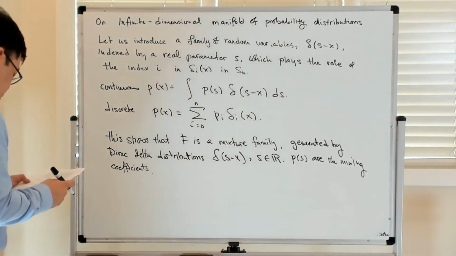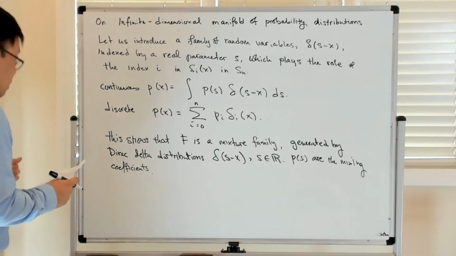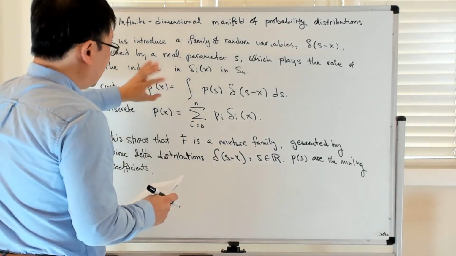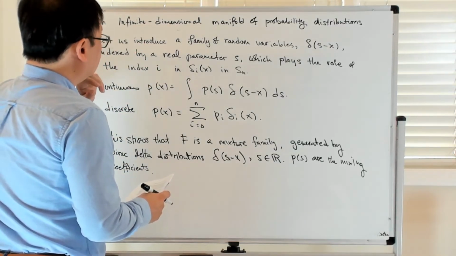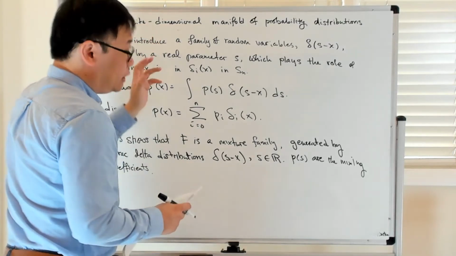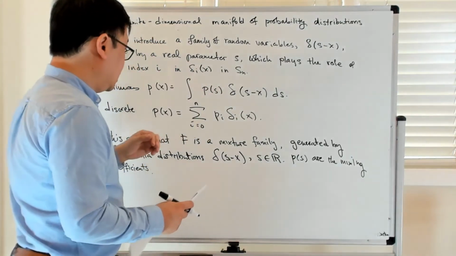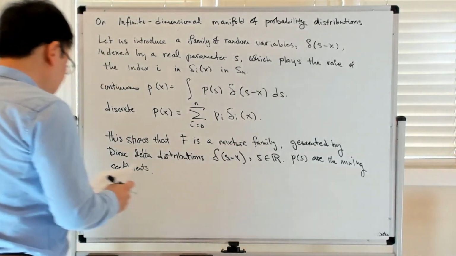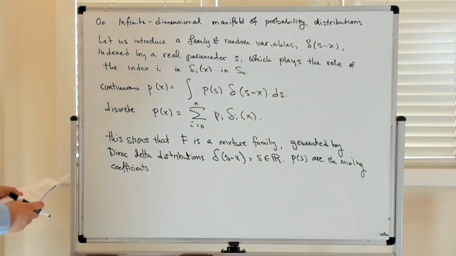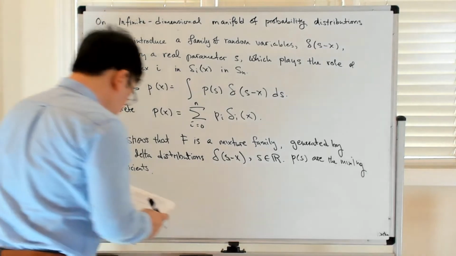Okay, so this allows us to think of this infinite dimensional manifold of probability distributions as a mixture family. So now let's see how we want to think of this as an exponential family.